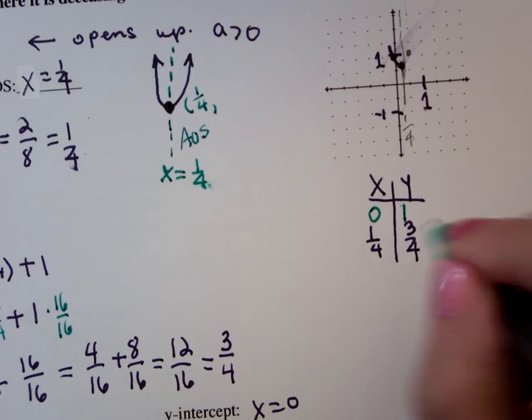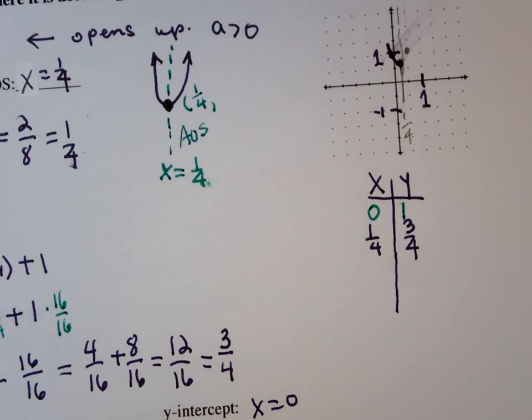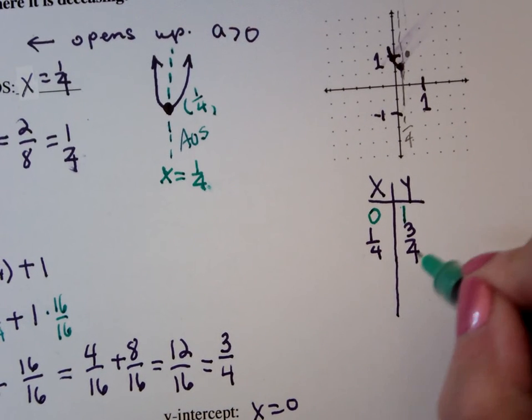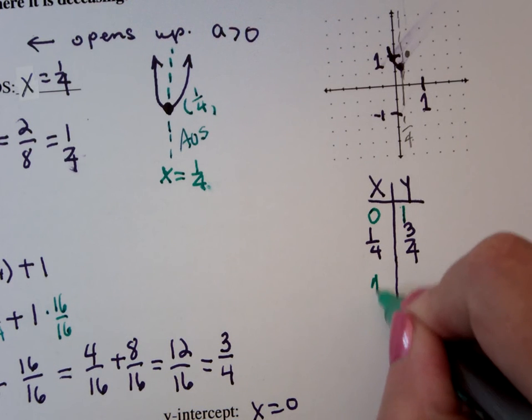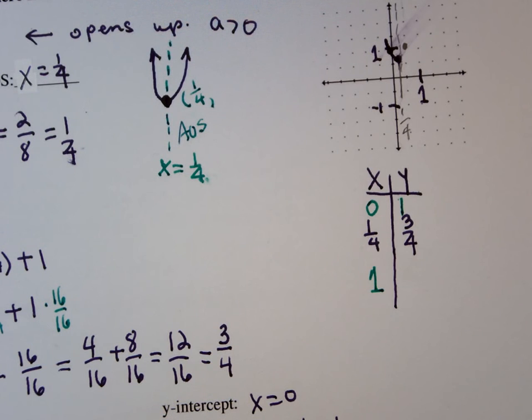Well, I'm usually not stupid enough to try to use a fraction. So what number might I choose that's to the right of 1/4? 1. And would 1 be an easy calculation? Yeah. I just need a point to the left, a point to the right, and then I join the points. That gives me the bowl. I can use symmetry, which is very nice, that's the flip it idea.